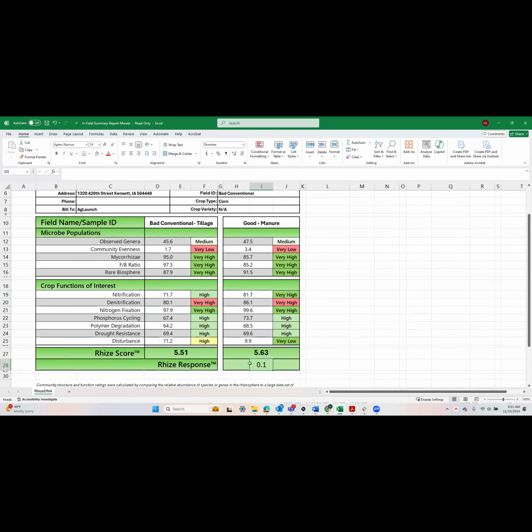Again, I think only by about 0.1 or a little more than that, but actually I was really surprised at how well this field that we had labeled bad, the conventional management field, performed. It actually had really good mycorrhizae, really good fungal populations overall. Performs a little bit less well on some of the nutrient functions.